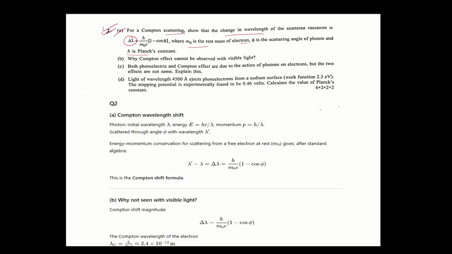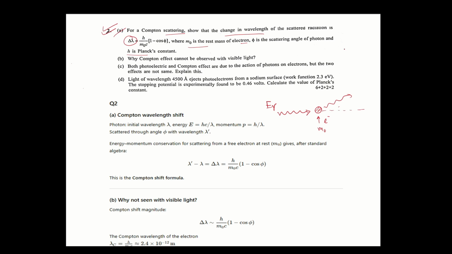So if initially the electron is at rest, so the rest mass is m naught, this is the electron, and one photon is coming from here. If the energy of the photon is E gamma, and it hit the electron, after hitting it scattered from the electron in this way.